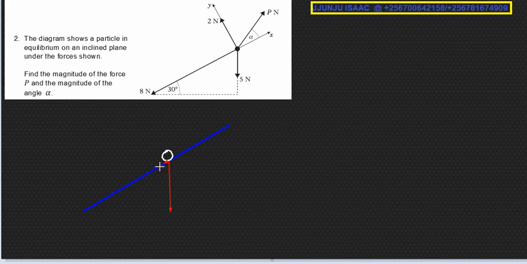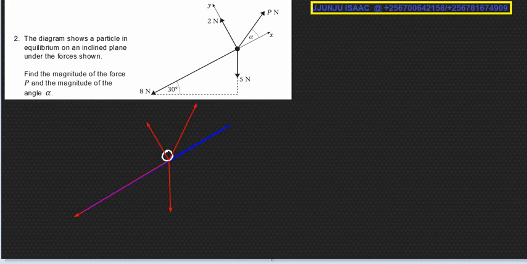We also have this force acting down the plane. Now we also see this force here at an angle of alpha, and there is a force which is perpendicular to the plane. So what we normally do is to resolve.